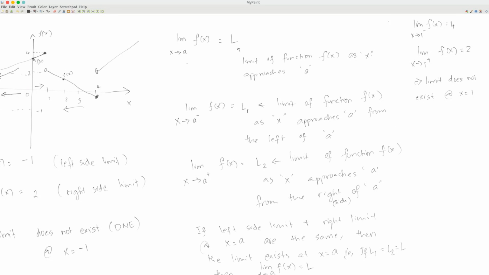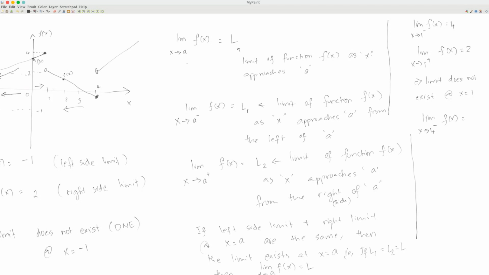And the last case, let's look at x approaching 4 from the left.